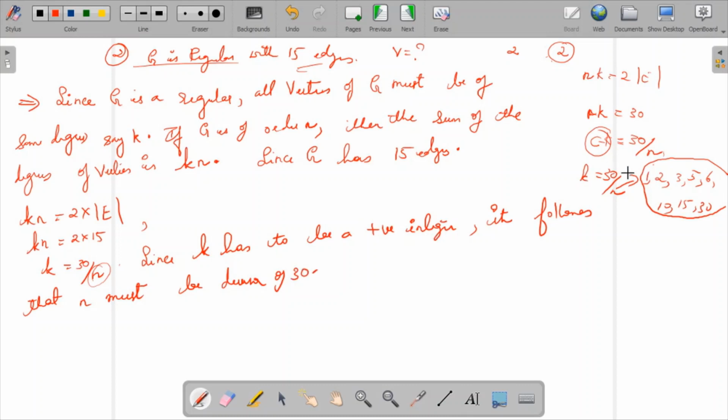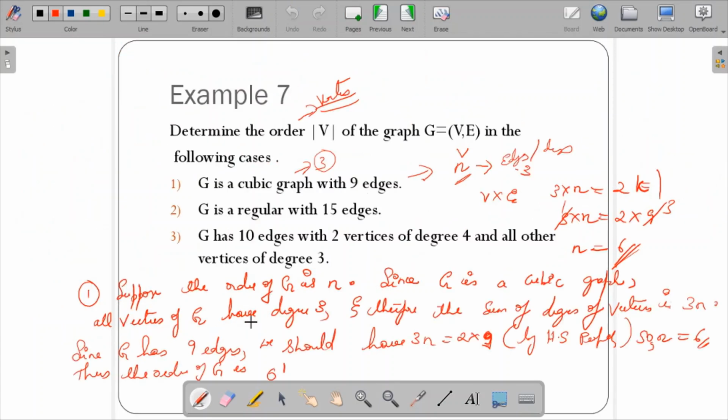Thus the possible orders, since n is the number of vertices or order, can be 1, 2, 3, 5, 6, 10, 15 and 30. So this is the solution for the second sub question.